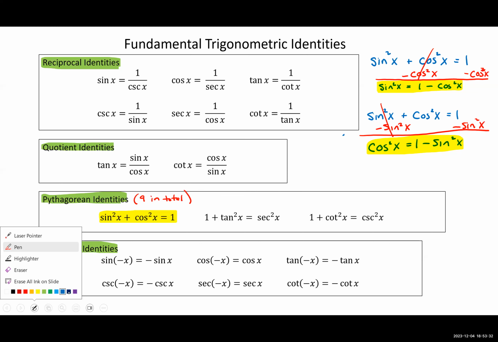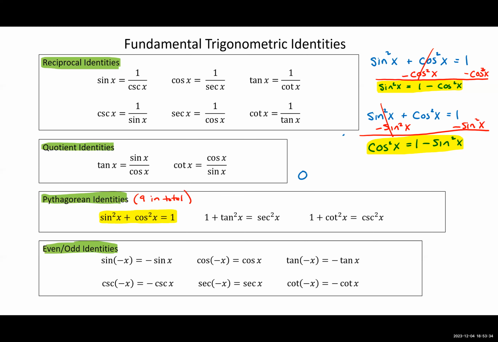For example, an odd function, by definition, is when f of negative x is equal to negative f of x for all values of x in the domain of the function.